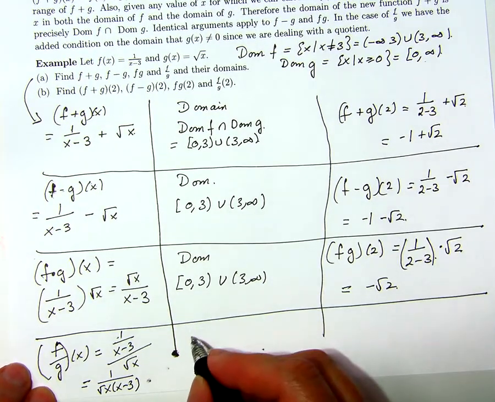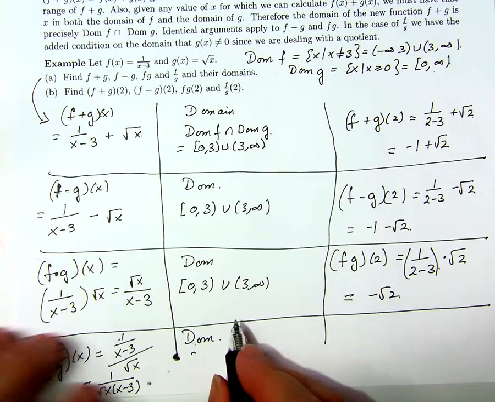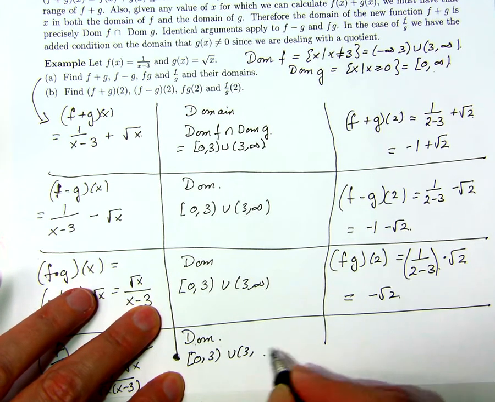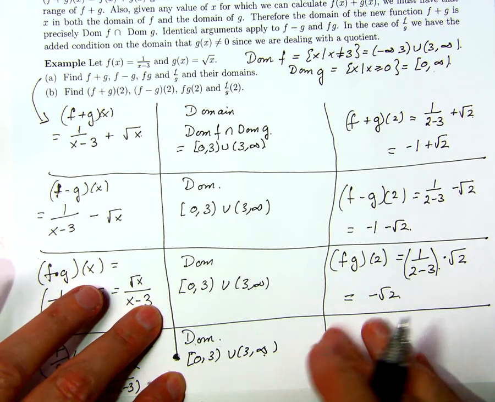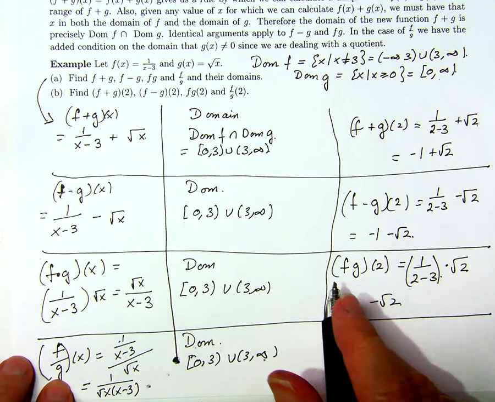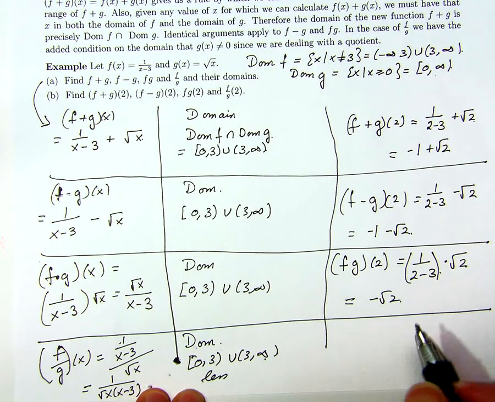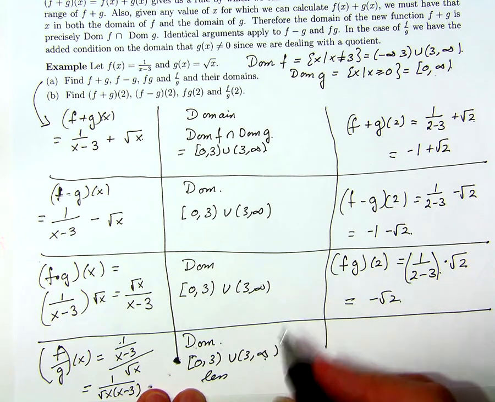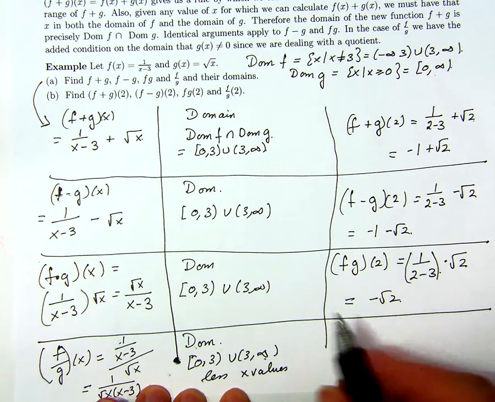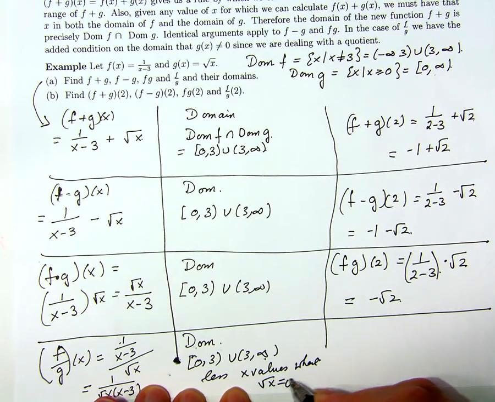Now its domain is the intersection of the domains, 0 to 3, union 3 to infinity, and it's also less any points where g equals 0. So it's less the x values where the square root of x equals 0.